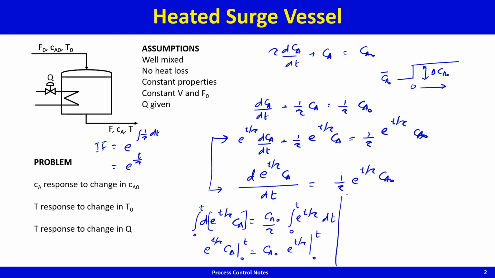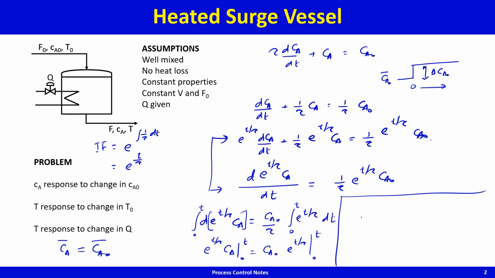And if you further put in the limits, you see, Ca at time t equal to 0 is equal to whatever is the value of Ca naught initially. The system is at rest.